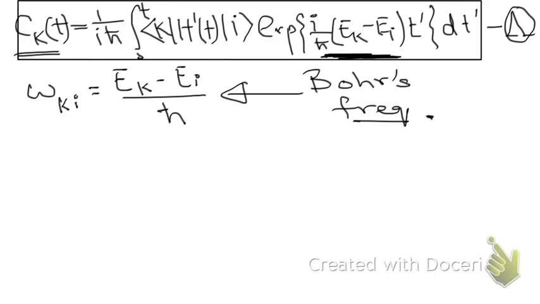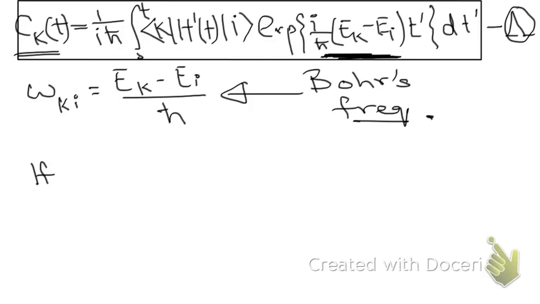Okay, so now that we have that out of the way, we are almost done. To find the probability that the system is measured to be in a particular final state, say state F, at a later time t, we are going to project the time evolved state onto the final state F. So let's just do that over here.